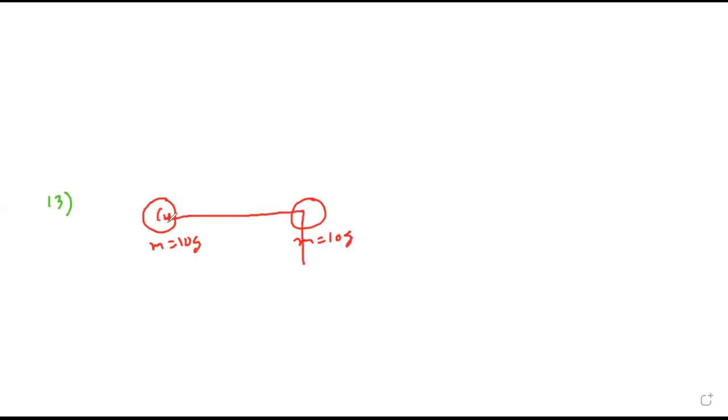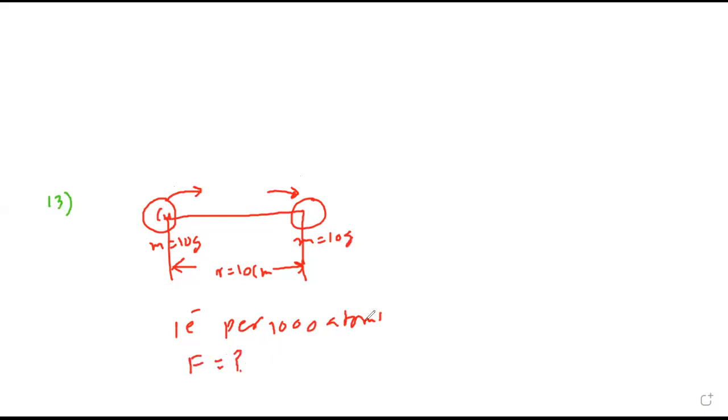One electron per 1000 atoms is transferred from one to the other. How much Coulombian force acts between them? What is the force between them?